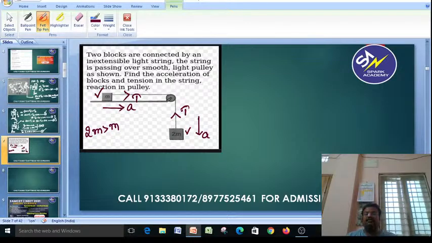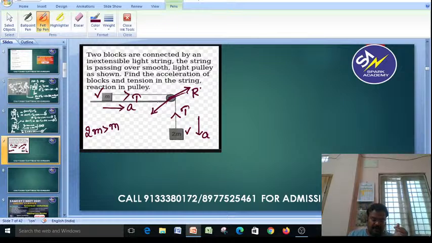A reaction exists on the pulley, which acts in this direction, and the tension exists in this direction, so the reaction is directed to the right. Now the final step we will see: what about the reaction also?